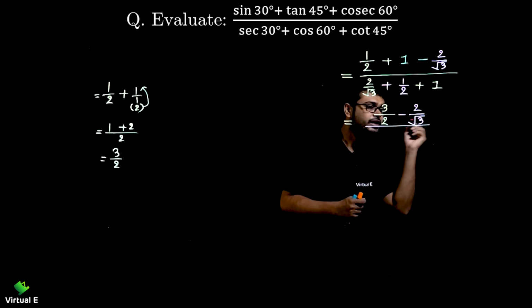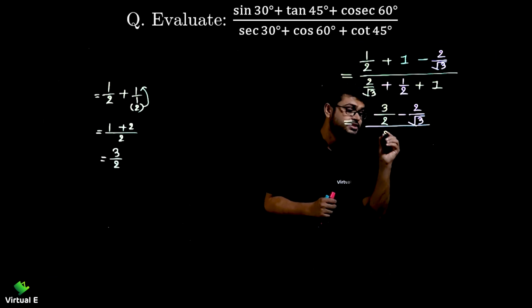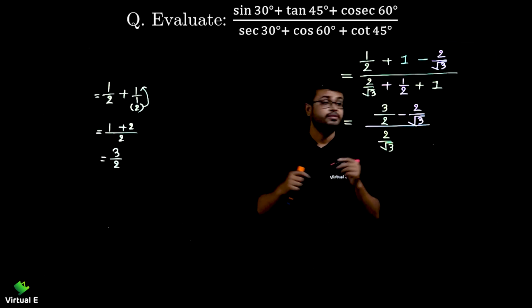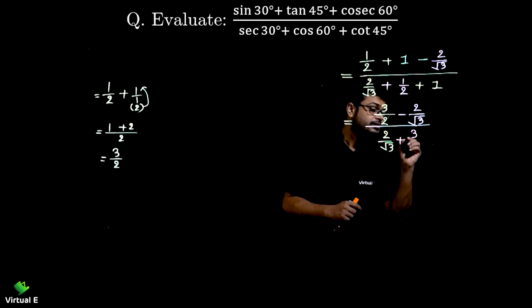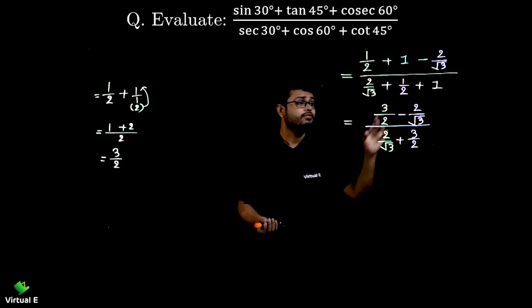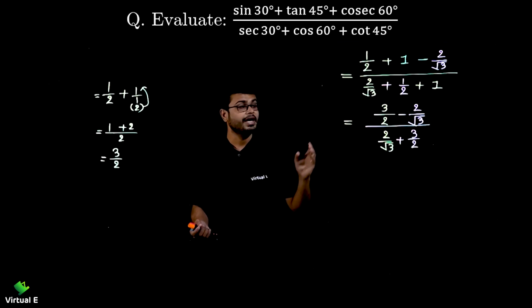Done. Numerator is done. For the denominator, 2 by root 3 as it is. No change in them. Then the answer we got, which is 3 by 2. Here, plus I will be writing 3 by 2. Now you can see we need to solve numerator as well as denominator. There are two fractions in numerator and denominator.